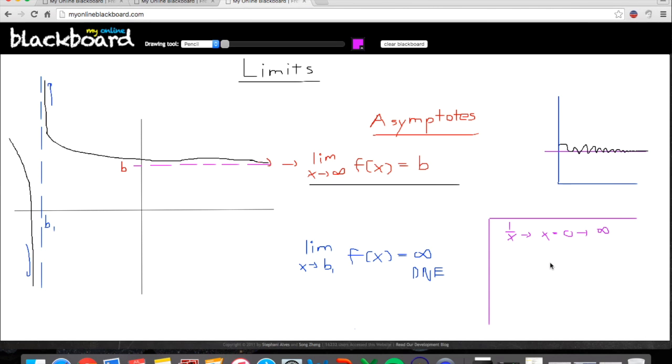And when you look at it on the graph, what 1 over x looks like, it looks something like this. As you can see, there's this gap over here at 0 where it's infinite. It never touches 0. That is called the vertical asymptote. 1 over x also has some horizontal asymptotes. It approaches 0, but this is just a hint into future lessons.